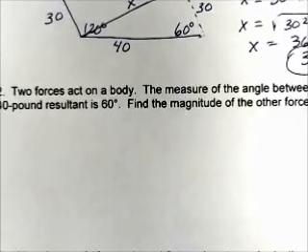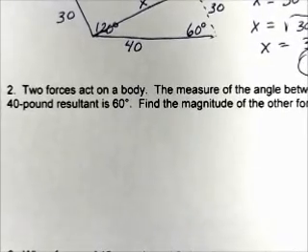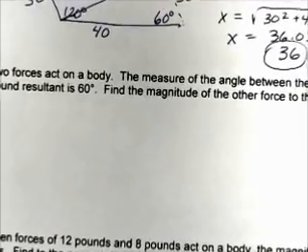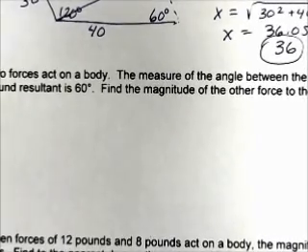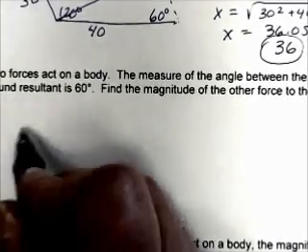Number 2, two forces act on a body. Right there, you're thinking a parallelogram. The measure of the angle between the 34-pound force and the 40-pound resultant is 60. Find the magnitude of the other force to the nearest pound.